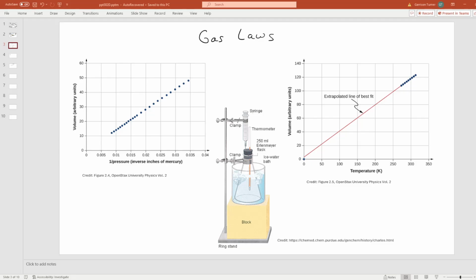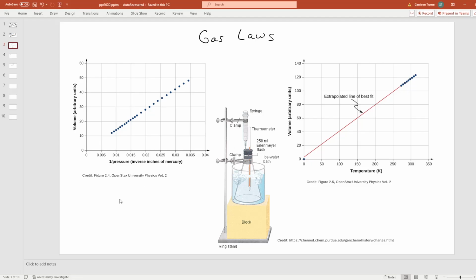So, first things first, when you look at the volume of a gas and you measure the pressure of that gas, you can then adjust the pressure through various means, okay?